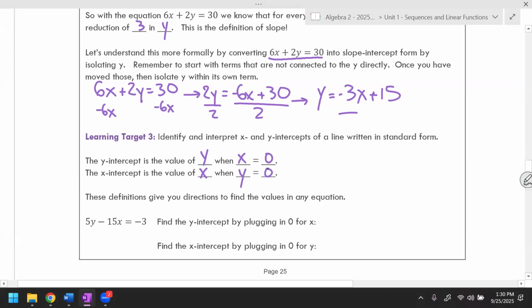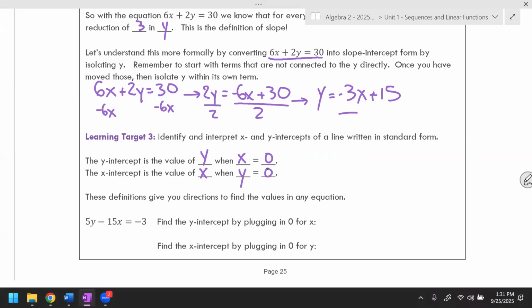Yeah, exactly, and that we already know. In any equation, not just lines, but also in quadratics and cubics and exponentials and whatever we find later on in our math careers, that is the rule to find our intercept.